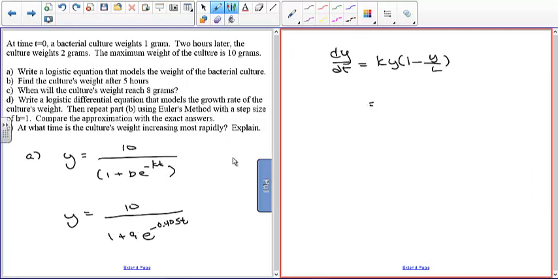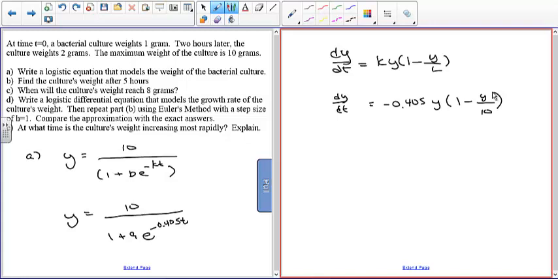This number isn't known until you apply the initial conditions, but what you would say is the differential equation is dy/dt equals negative 0.405 y times 1 minus y over 10.